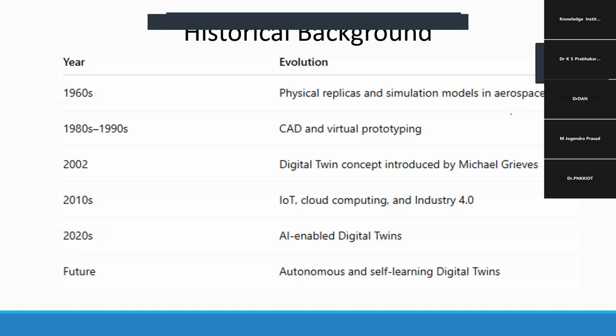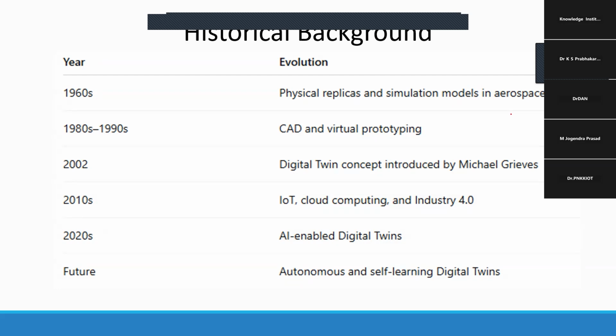Suppose this is the historical background of the digital twin. Nowadays it is becoming popular in recent years, but it has already existed for several decades. If you look briefly at the evolution of this technology, the journey begins in the 1960s, the space exploration era.